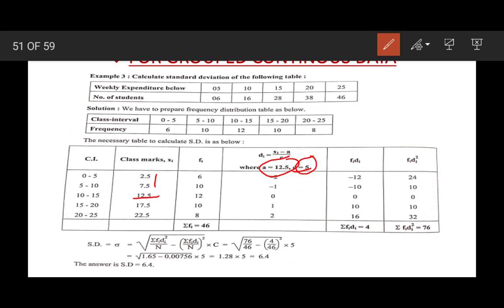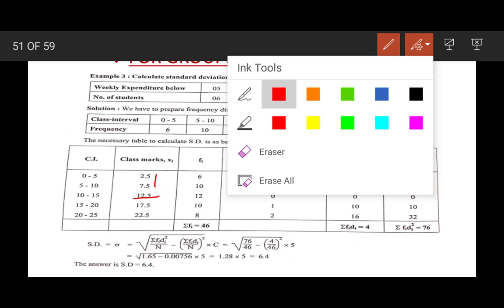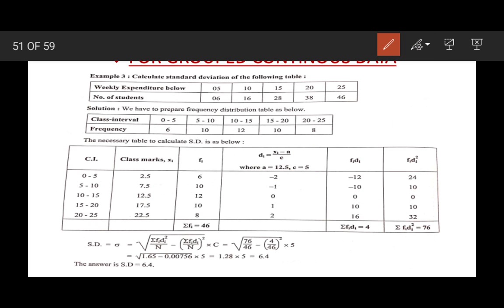Okay. Then d will be x minus 12.5 upon c. So x is 2.5. So 2.5 minus 12.5, right? So that is equal to minus 10. Minus 10 upon 5 will give you minus 2. Then 7.5 minus 12.5, that will give you minus 5.